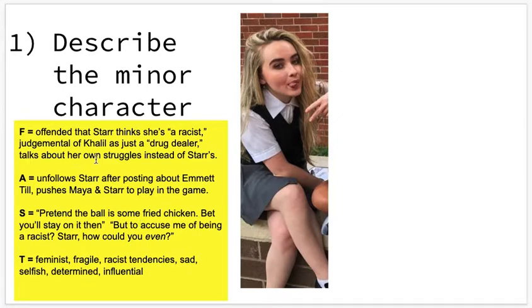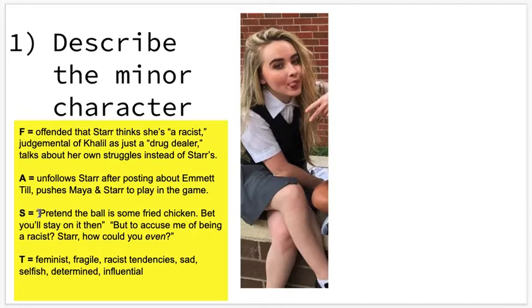She also talks about her own struggles instead of Star's, even though Star is clearly upset, and she knows what Star looks like when she's upset. She also unfollowed Star after posting about Emmett Till on Tumblr, and she directed Maya and Star that they had to play in the game. And of course, the creme de la creme, "Pretend the ball is some fried chicken, bet you'll stay on it then."